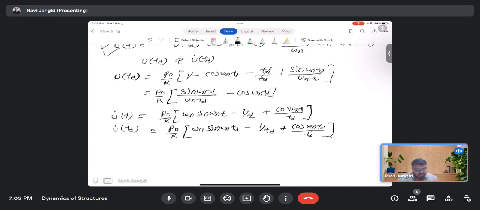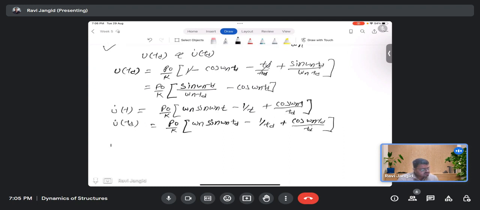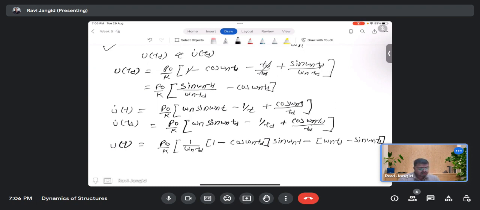After putting these values in the equation, my final equation would be u(t) equal to P naught by k, 1 over omega n td, into 1 minus cos omega n td into sine omega n (t minus td), minus sine omega n td into cos omega n t.